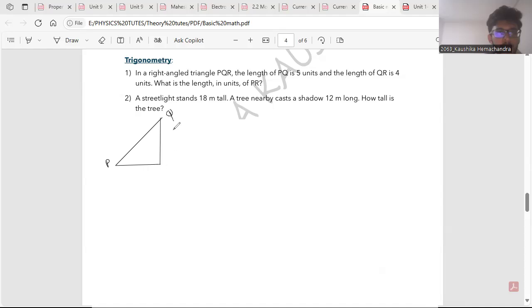P, Q, and R. PQ is 5 units. QR is 4 units. What is the length in units of PR?